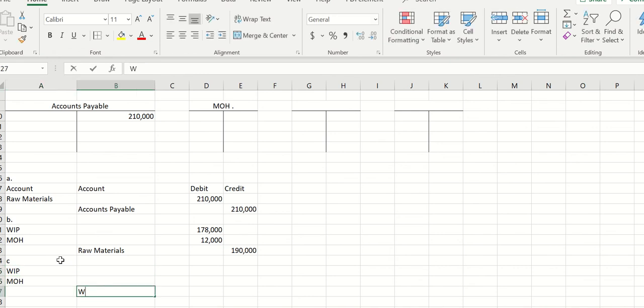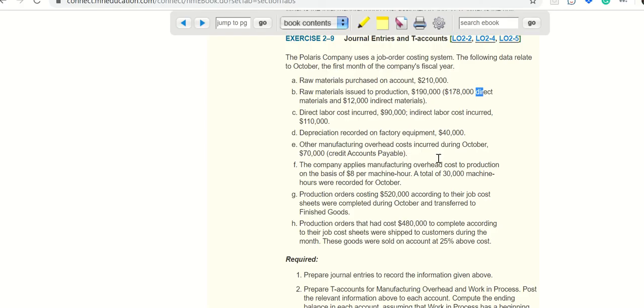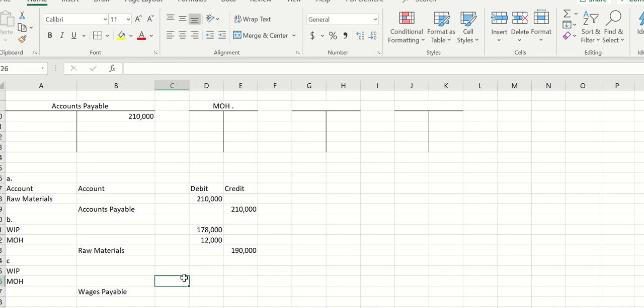And then this is labor, so we probably need to pay our wage workers. Wages payable. Let's make sure that that was a payable and not a cash. It said it was incurred, so we incur the expense and we account for it, but that doesn't necessarily mean we've paid it, so that would be a payable there. 90,000 and 110,000.